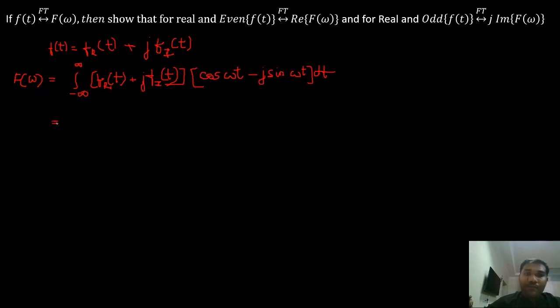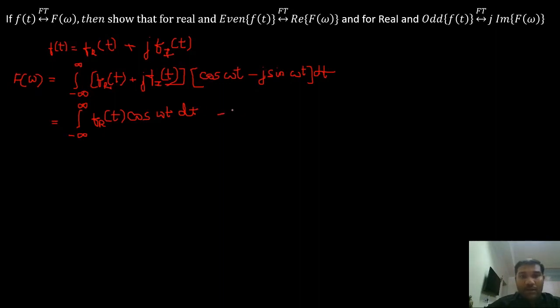Now I will expand or separate the integrals. I will write 4 different integrals. Integral from minus infinity to infinity, first one is f r of t into cos omega t dt, and now I will multiply f r of t with minus j sine omega t, right?